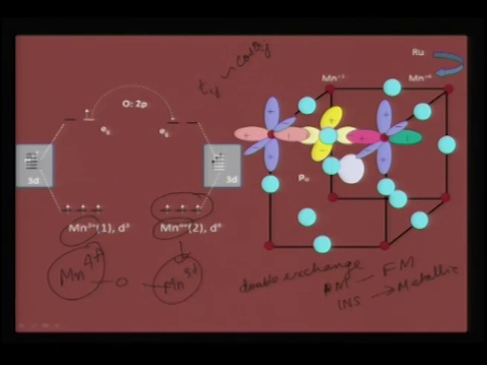So, if this is going to be 180, then the transfer integral is going to be at its maximum. If this is going to be like this, for example, then this will get locked up at 90 degrees. So, theta ij has to be approximately 180 degrees for a collinear ferromagnetism to operate.